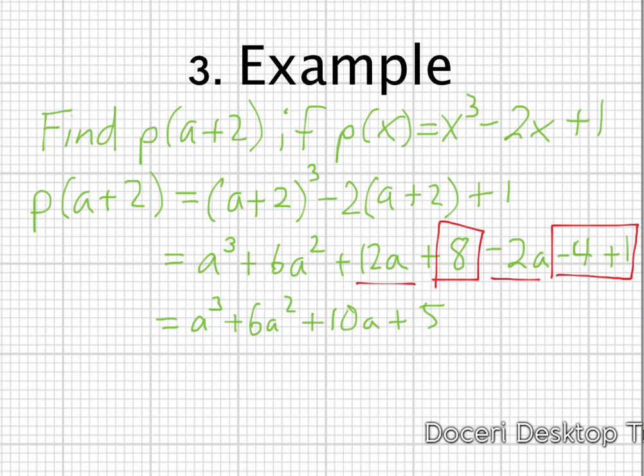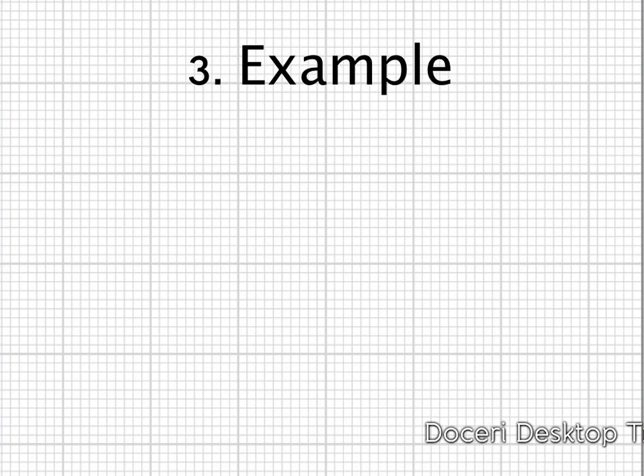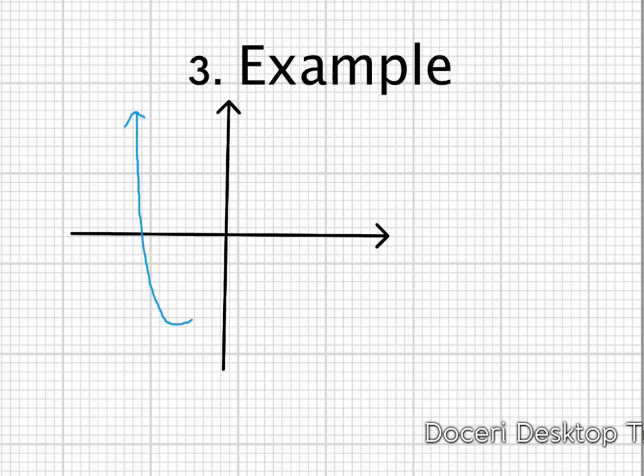Let's see. Another possible example that you could have is you're given the graph of an object, and you have to determine if it's odd degree or an even degree, and then say how many real zeros the function has. So let's say I have this function here.